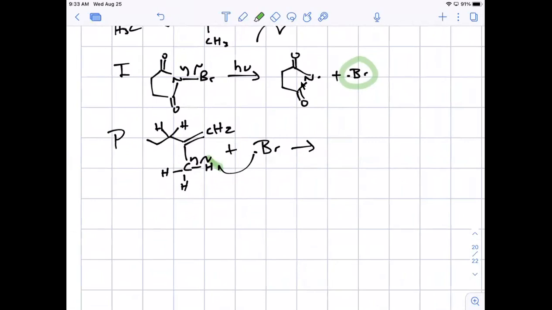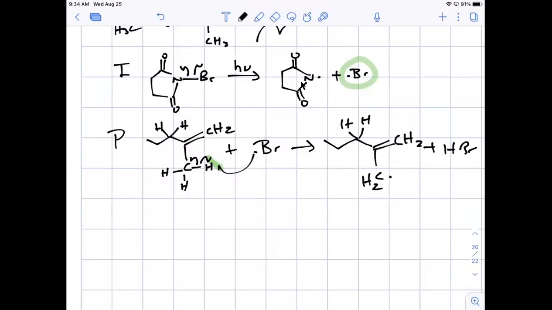So we're going to have HBr as a side product, and then we're going to have this radical. Everybody following that? If not, say something. Yes, I'm following. All right. So that's the first radical that I make in propagation.